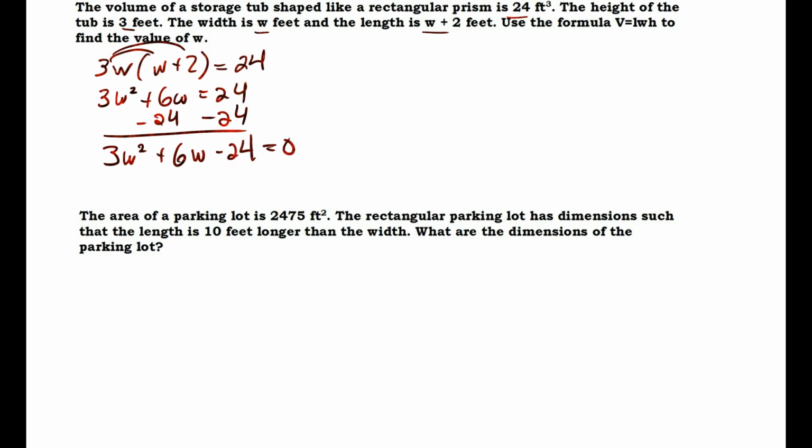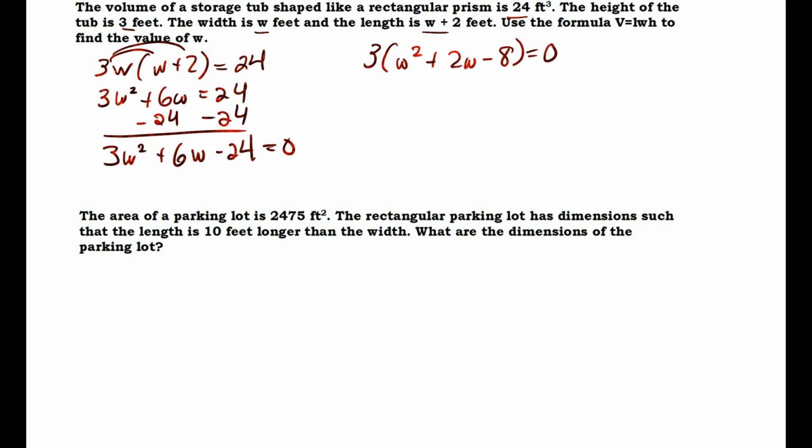Are there any GCFs? Well, I know 3 goes into 24. I know 3 goes into 6. I have to factor out a GCF, because that's what I ask myself every time I see this number not being 1. So we end up factoring out a 3, and we get W squared plus 2W minus 8 is equal to 0.